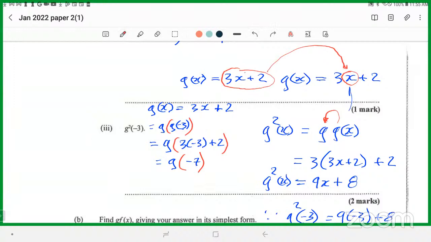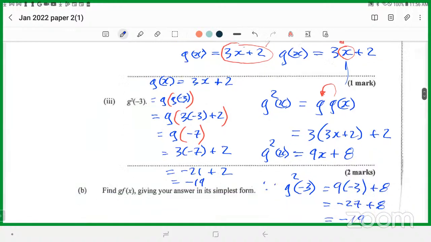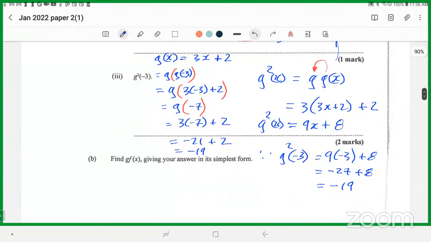So that would be 3 times negative 7 plus 2. 3 times negative 7 is negative 21 plus 2. Negative 21 plus 2 is negative 19. Same negative 19 I got here, doing it that way.